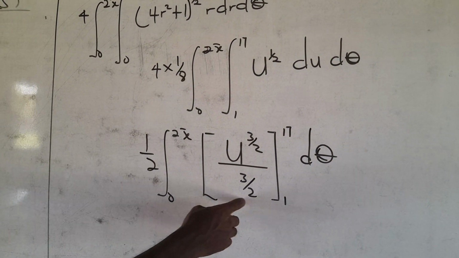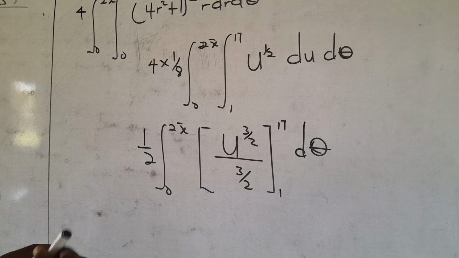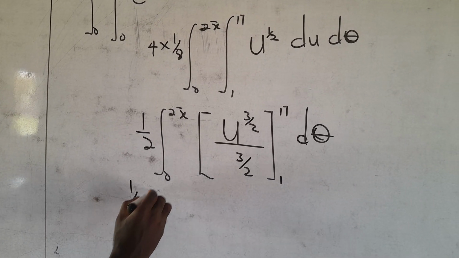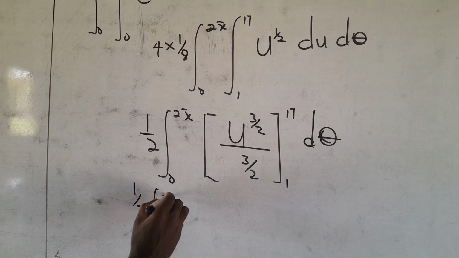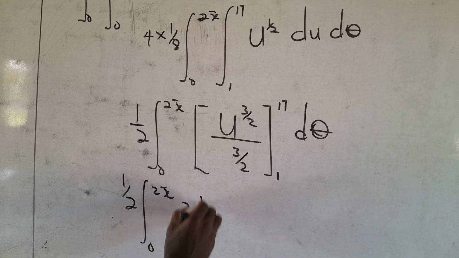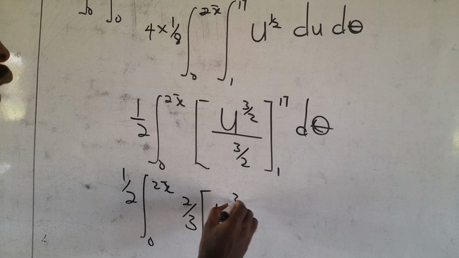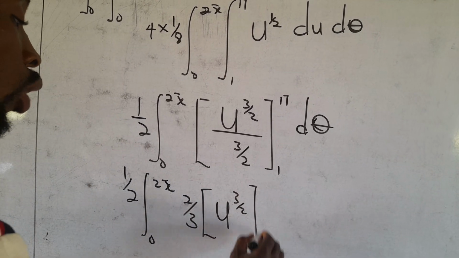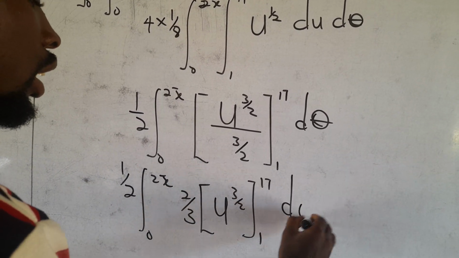Since this is dividing, you can reciprocate it to multiply. So we have half, integral from 0 to 2 pi, then 2 over 3 u exponent 3 over 2, substituting from 1 to 17, d theta.